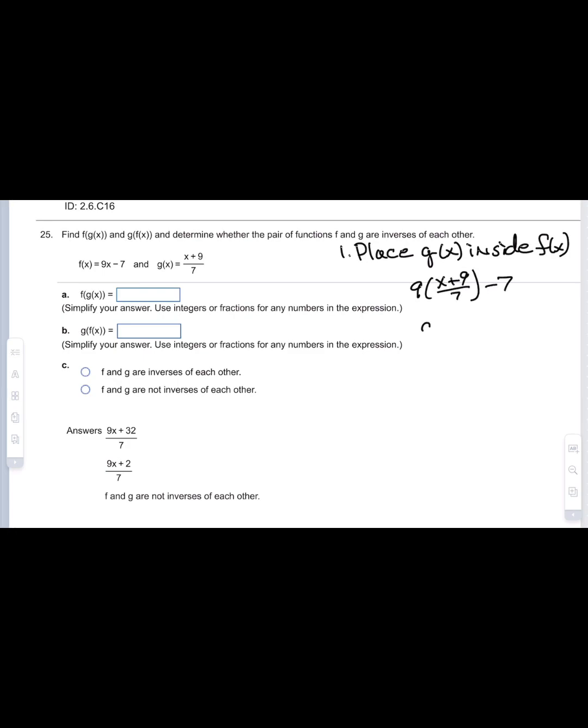And don't forget the minus 7. And then you simplify and you see what you get. Now, of course, you have a common denominator to deal with. So 9x plus 81 minus 49 over 7, which gives you 9x plus 32 over 7.